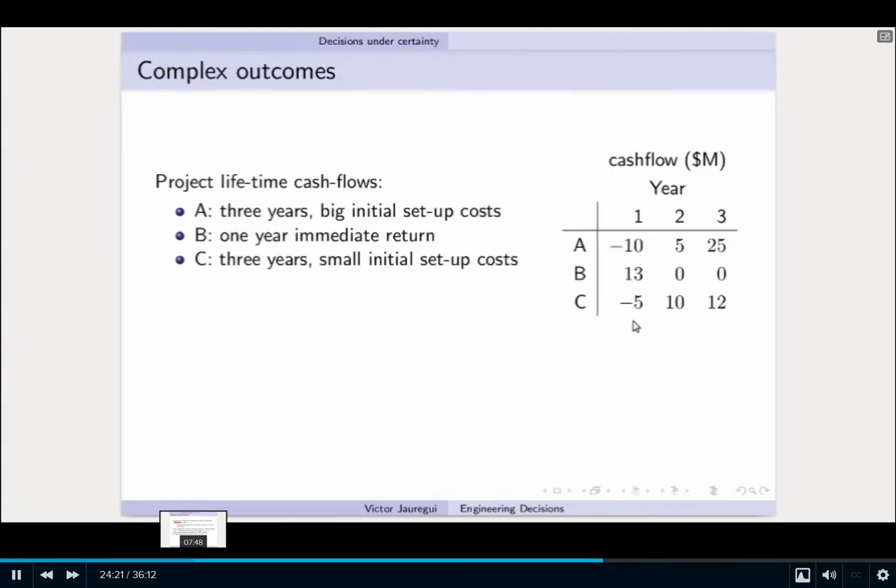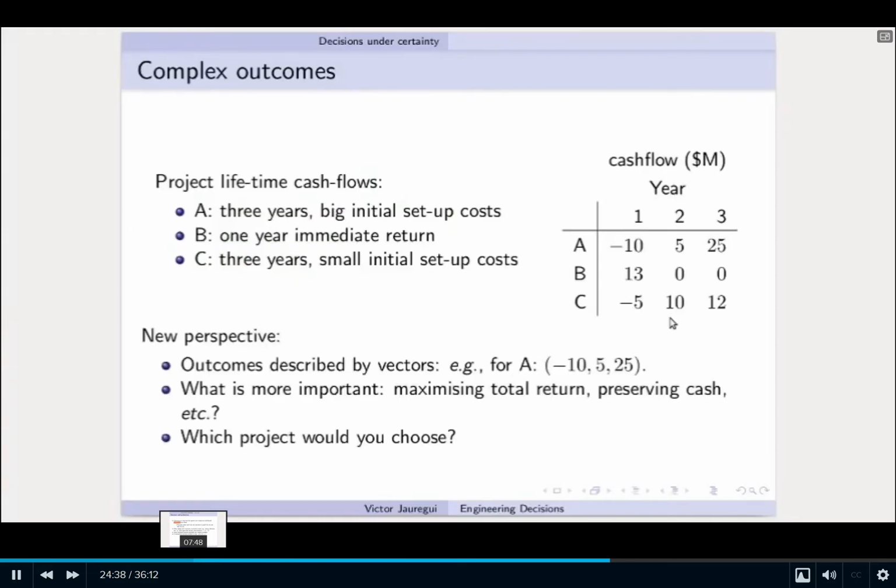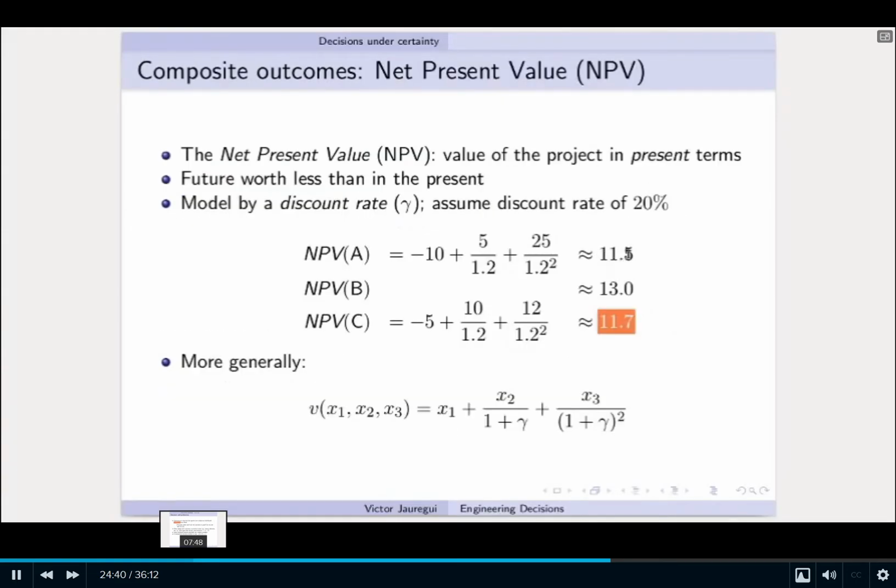So whereas overall we had 20, 13 and 17 as the values or the profits over the 3-year period, in terms of net present value, that 20, 13 and 17 become 11.5, 13 and 17.